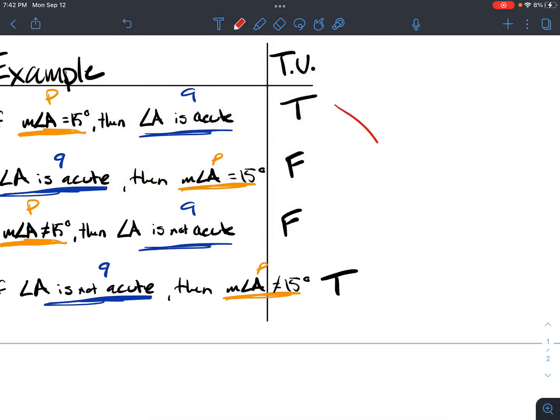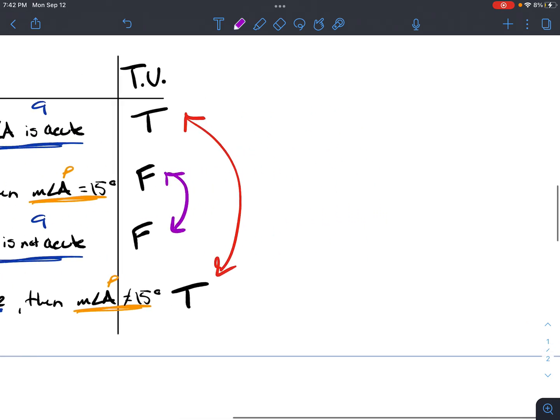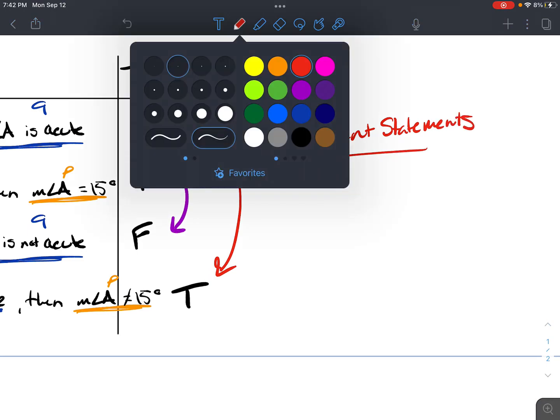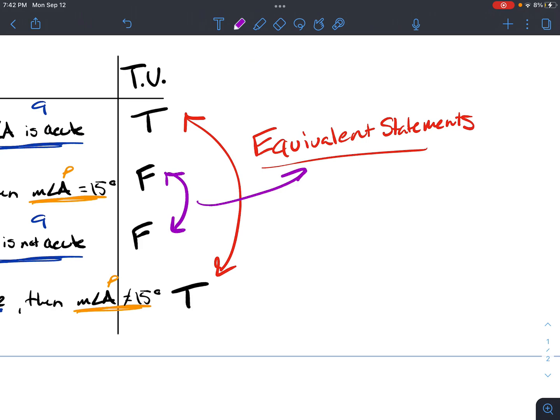So we see that these two truths and these two falses, they are equivalent statements. So equivalent statements, and then the same thing here. We got equivalent statements.